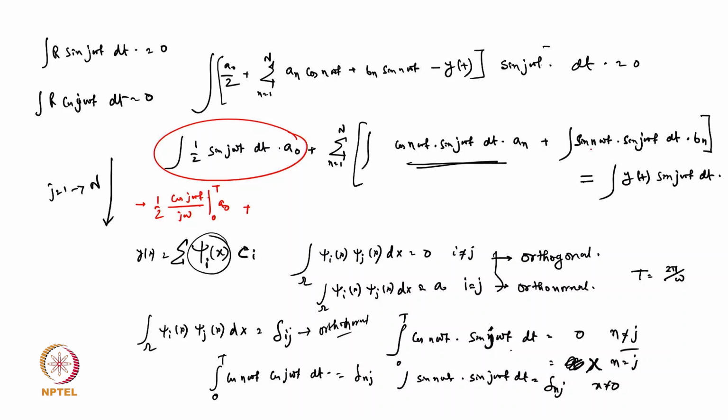Now this monster we are able to solve. That's the biggest relief we will have. Because now here, cos n omega t into sin j omega t dt, we know that value should always be 0. So whatever you do, it will become 0, 0 multiplied by the coefficient. Okay, no issue. It will happen this way.